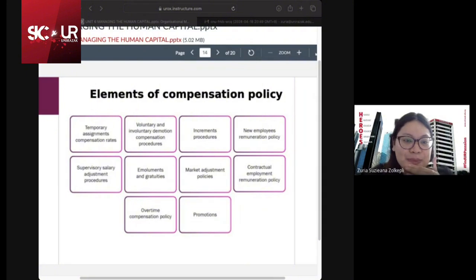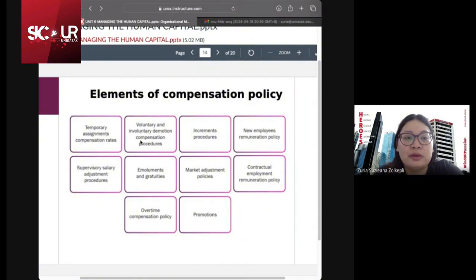A compensation policy is actually referring to the set of rules and procedures that a given organization utilizes to determine what suitable monetary or non-monetary benefits should be awarded, right? The policy, guidelines, standards, and what the procedures are and so on.